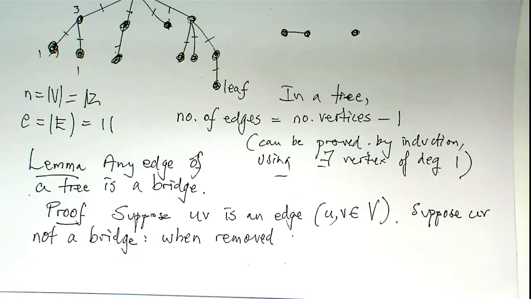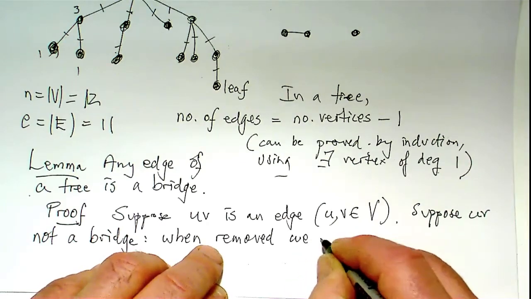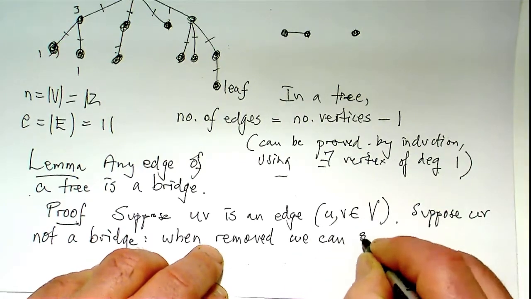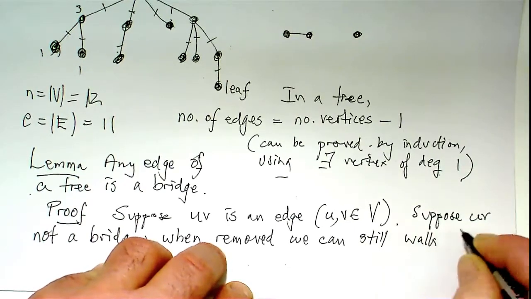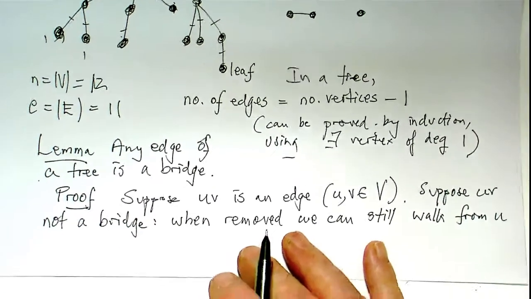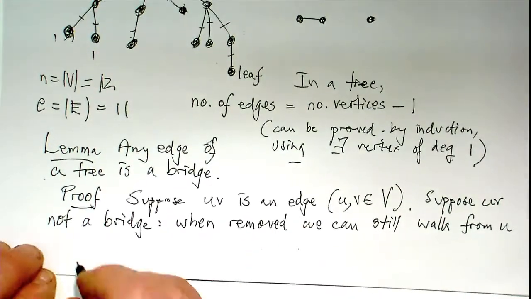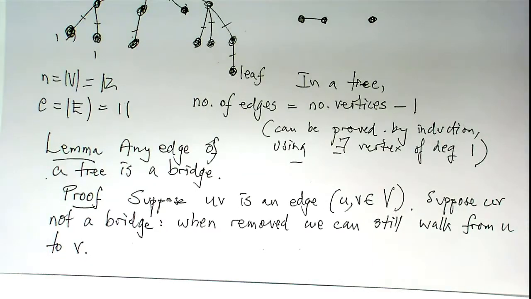So we can find a path, we can walk from U to V. So when removed, we can still find a walk through the edges from vertex U to vertex V. And that implies that there exists a path.